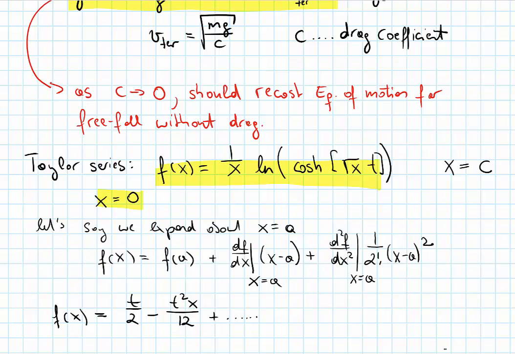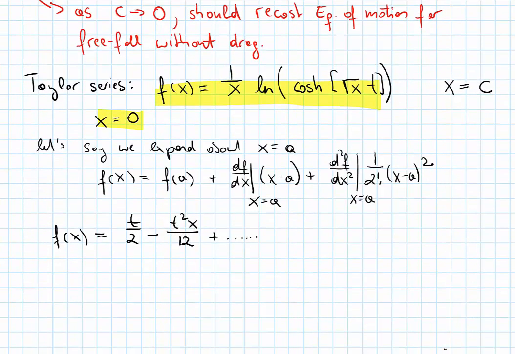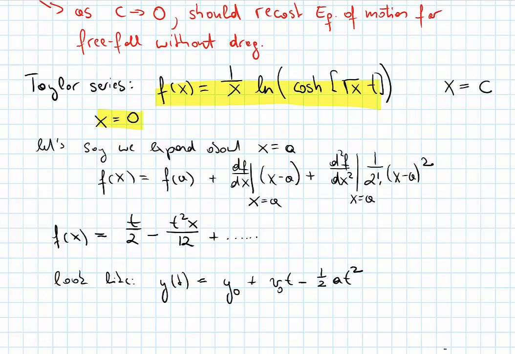So this really indeed looks like our free fall equation. So it does look like y of t equals y naught plus v naught t minus 1/2 a t squared.